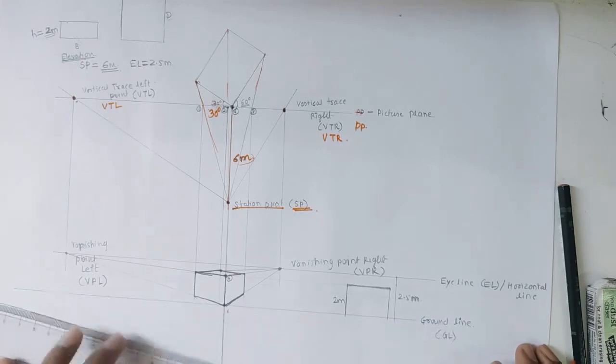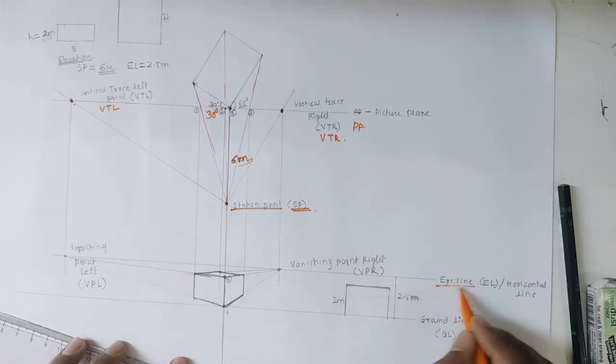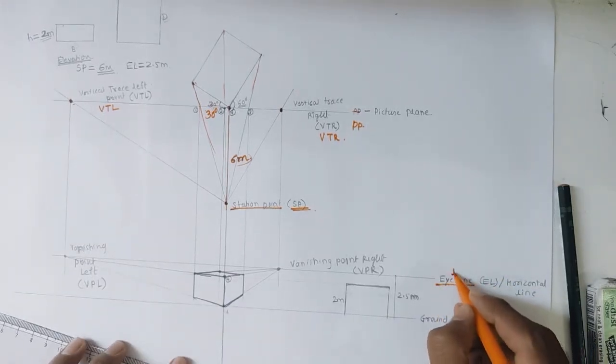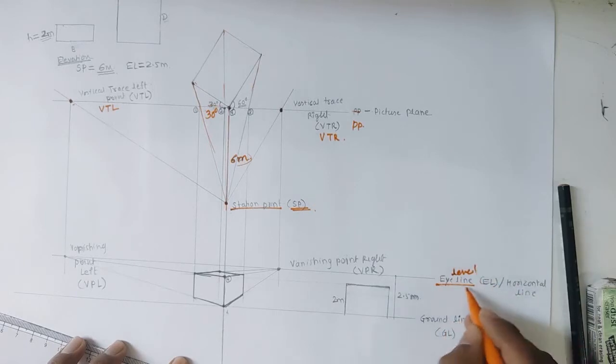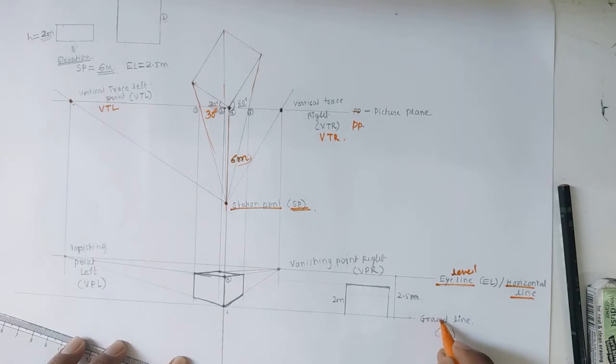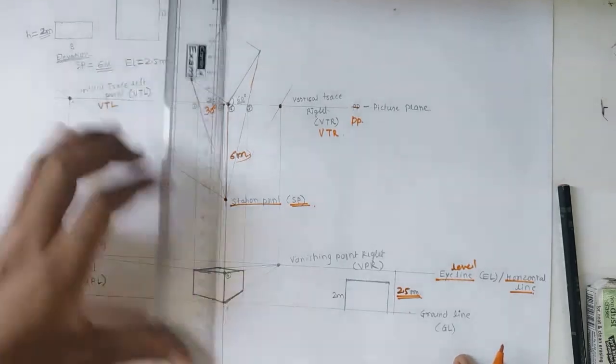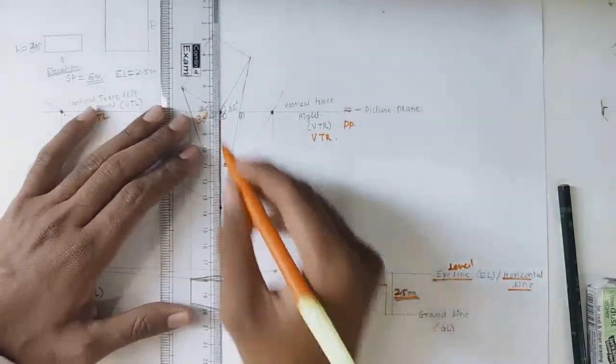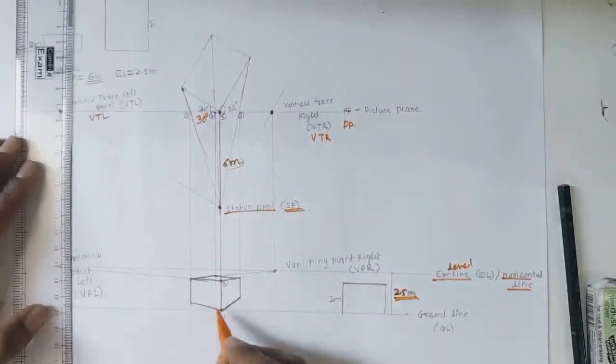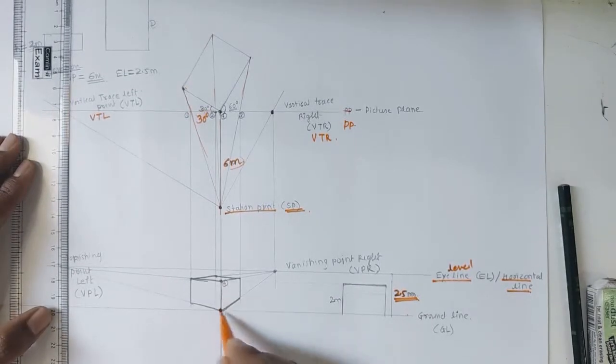Then after that, you have to draw the eye level line or the horizontal line which will be parallel to the ground line. Okay, and this data will also be given in the problem. Then after that, just extend this line of sight so that you will get one point which will cut the ground line. Okay, clear? So that you will get this point.